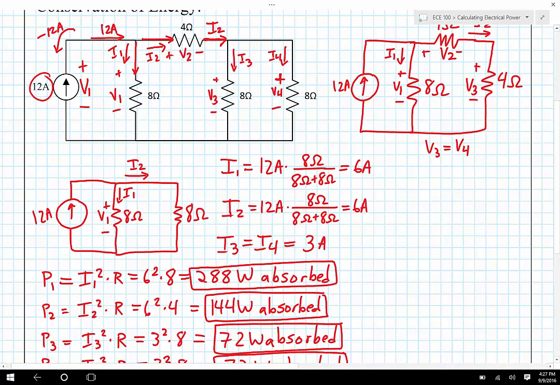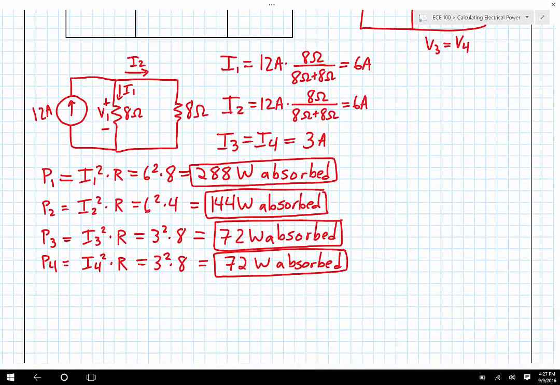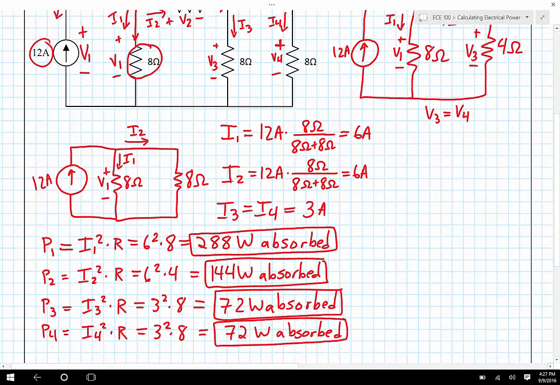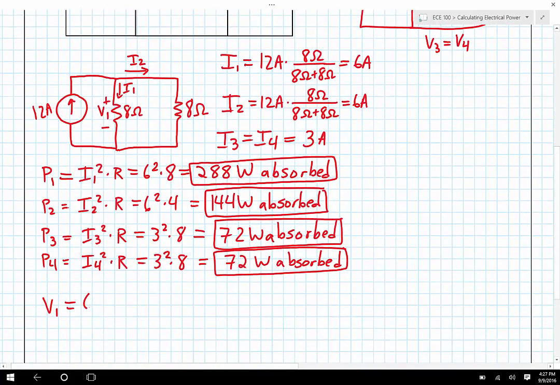Do we know the value of V1? Well, not yet, but we can calculate the value of V1. V1 is going to be, let me scroll back up here, I1 times 8 ohms. Because I know that in this resistor right here, I1 is flowing downward, there are 8 ohms associated with that resistor, and V1 is the voltage that appears across it. Well, I1 is 6 amps, multiplied by 8 ohms is going to give us 48 volts.